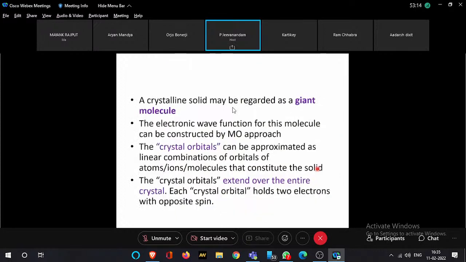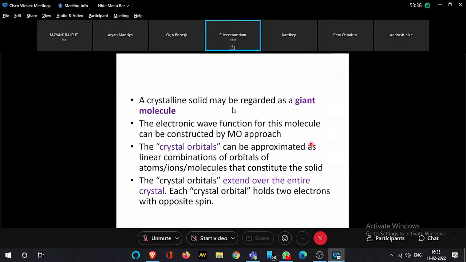Now the crystalline solid can be regarded as a giant molecule for any theoretical purpose. So how do you construct a molecular orbital? Basically, you will have the electronic wave function of an atom, and then you will have a linear combination. You would have studied this somewhere in quantum mechanics. We will not go into that.